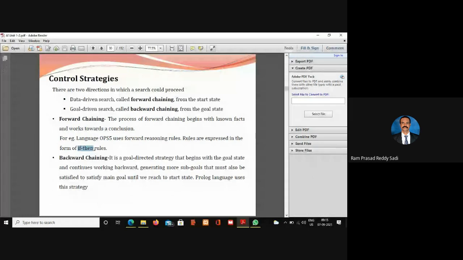It's a goal-directed strategy, which begins with the goal state and continues working backward, generating more subgoals that must also be satisfied to satisfy the main goal.